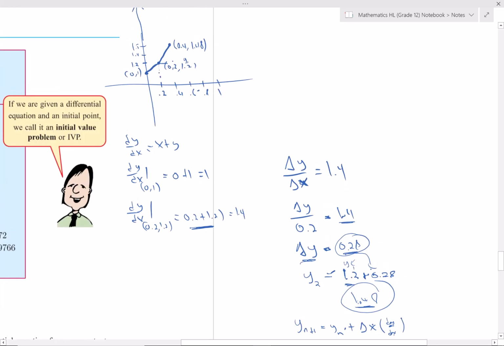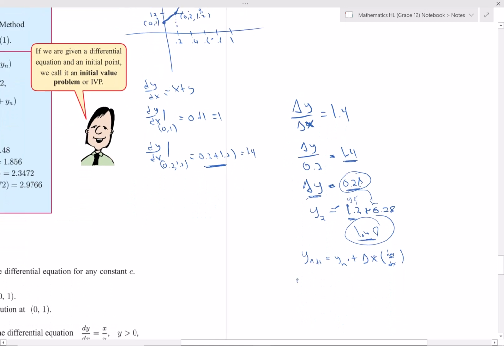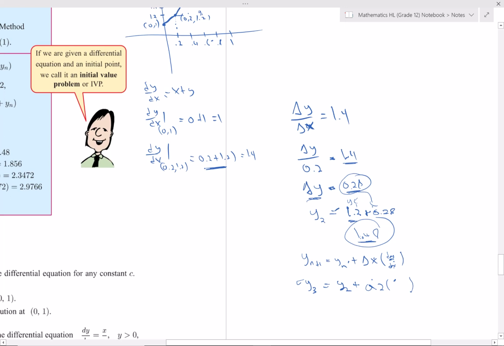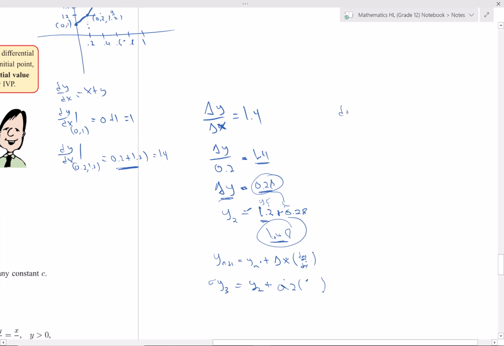So for example, the next one I can kind of do more formulaically, right? The next one we want is y3. So y3 is going to equal y2 plus the change in x, which in this case is always going to be 0.2 because we decided that in the beginning, plus the slope at that value, which we need to figure out, right? So our dy dx equals x plus y.